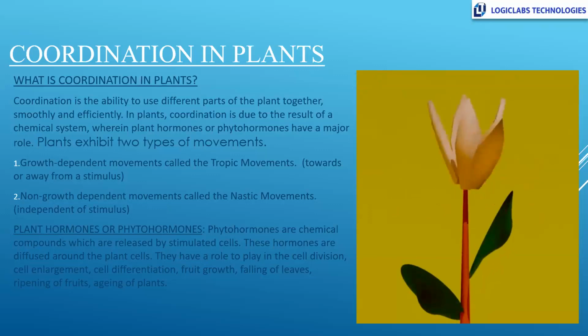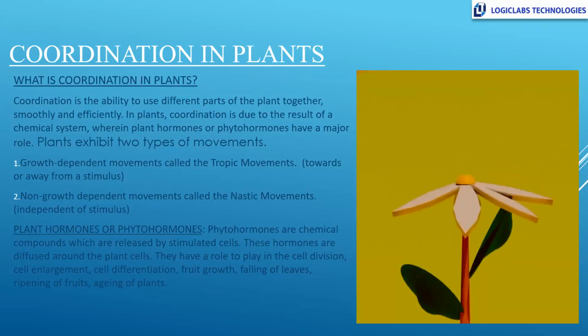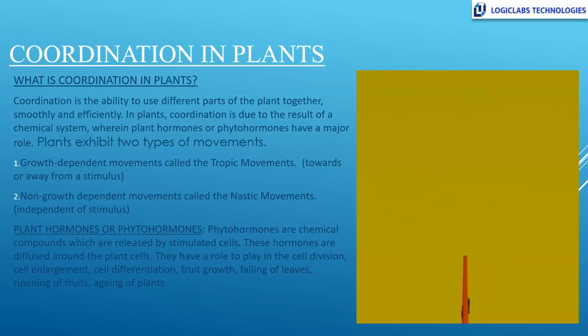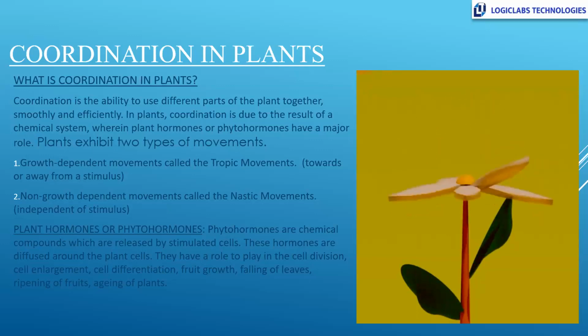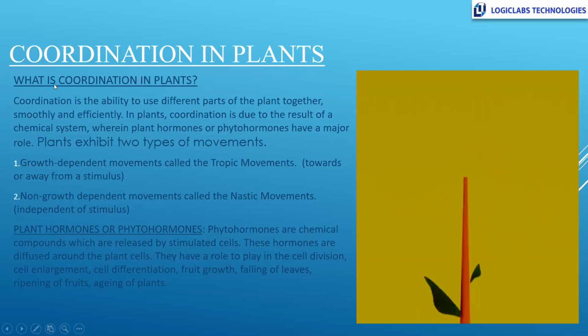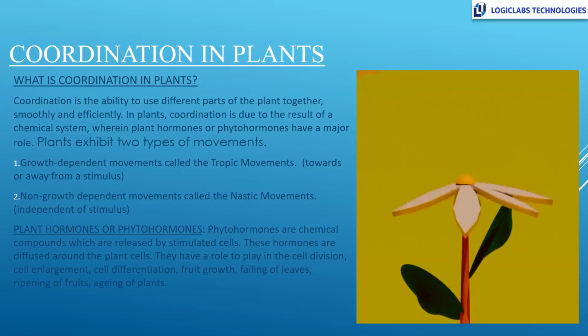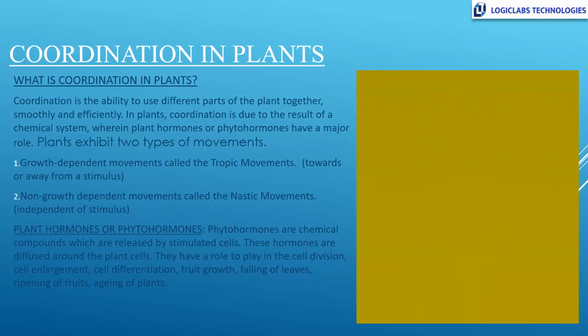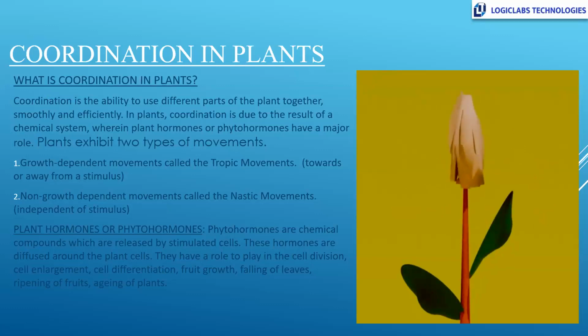These are the different things which play a very major role. Next, we have different hormones as already discussed. We are calling these plant hormones the phytohormones. We are calling this as what? Phytohormones. Now, what are these phytohormones? Why are they important for a plant? They are the chemical compounds which are released by the stimulated cells.